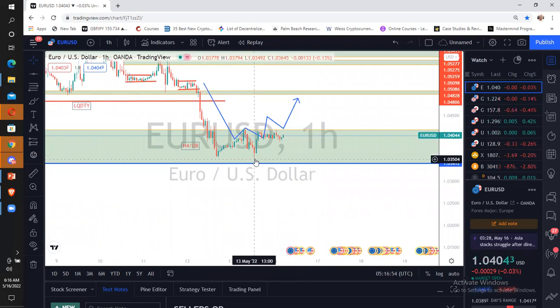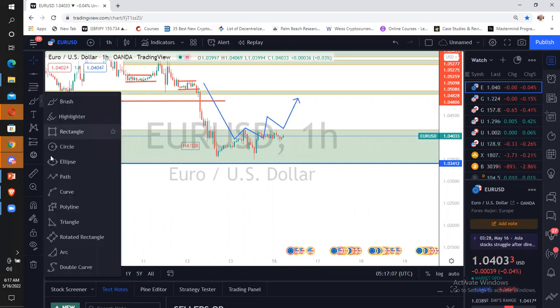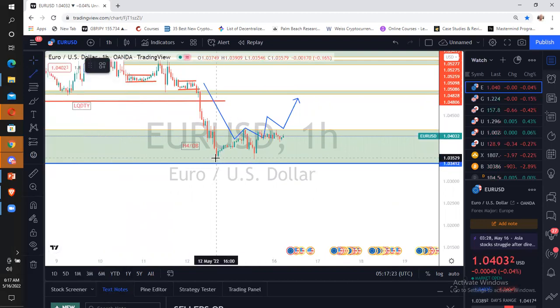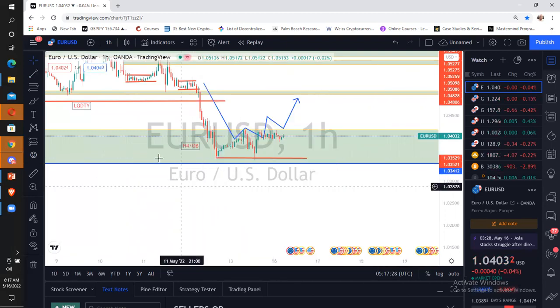Now, guys, if you watch this 1 hour, here they've given us a liquidity level. Look at this liquidity level here without any physical stop hunts. This is liquidity.